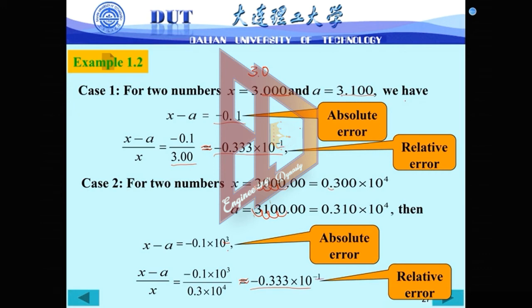So that means, okay, the relative error is independent of the decimal place. It's okay? It means the relative error is independent of the decimal place. But absolute error depends on the decimal place. You see, different absolute error.